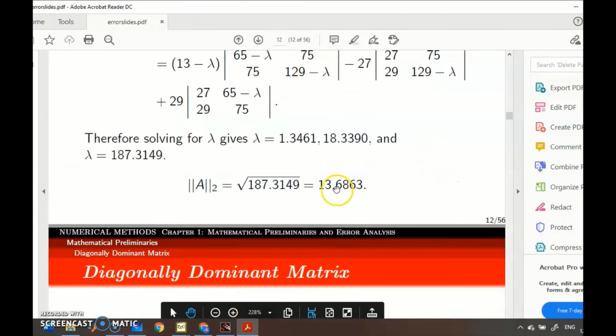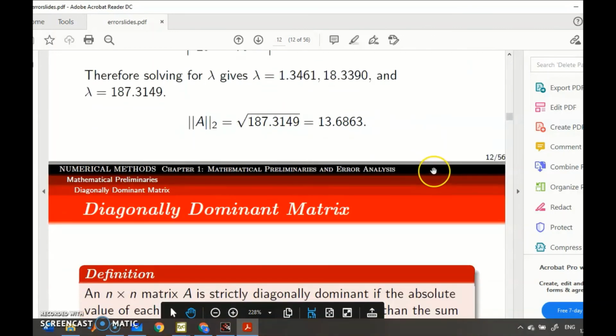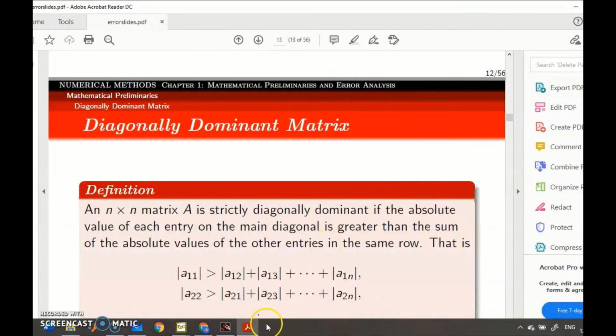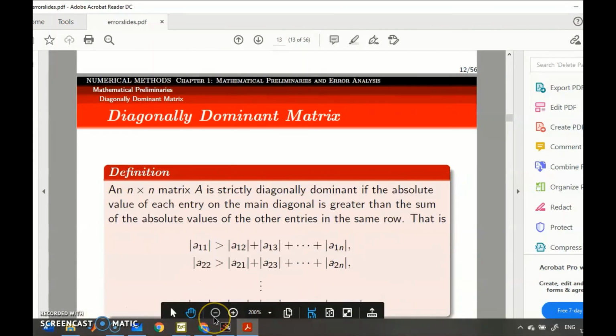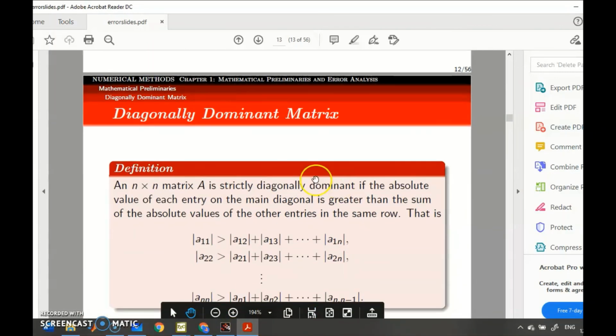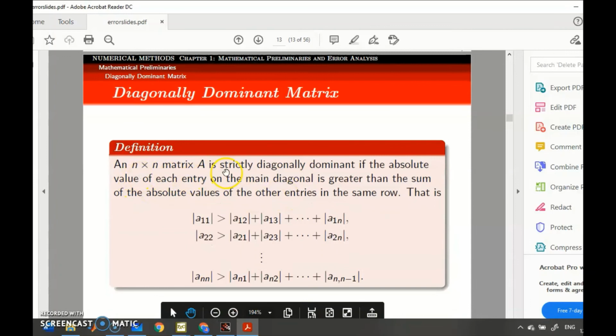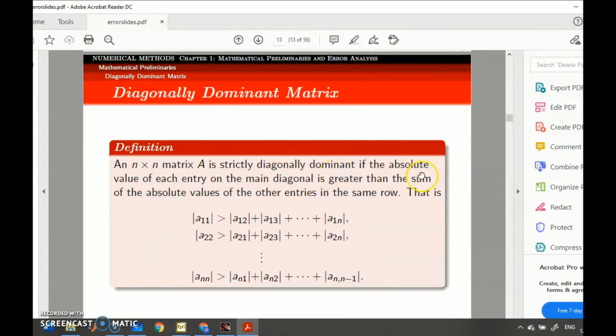Okay, and then the next thing we want to do is to know about diagonally dominant matrix. So what does it say here? An n by n matrix is strictly diagonally dominant if the absolute value of each entry on the main diagonal is greater than the sum of the absolute values of the other entries in the same row.